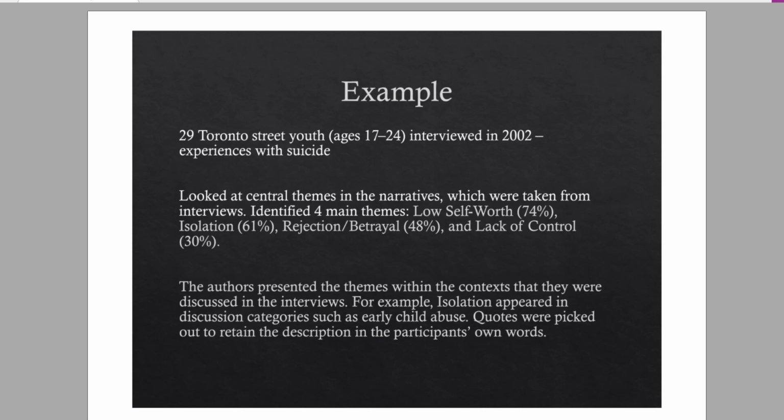They looked across all the different quotes, all the different narratives, and then picked out themes that were coming up over and over again, right? So it's a very iterative process, takes a lot of time, but they found 4 main themes: low self-worth, which was included in 74% of the narratives; isolation, which was in 61%; rejection and betrayal; and lack of control.